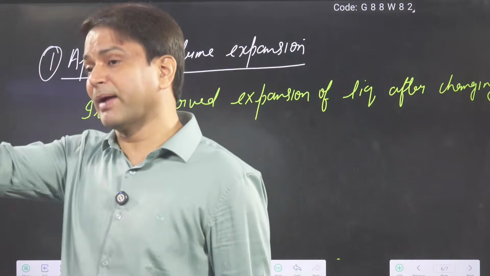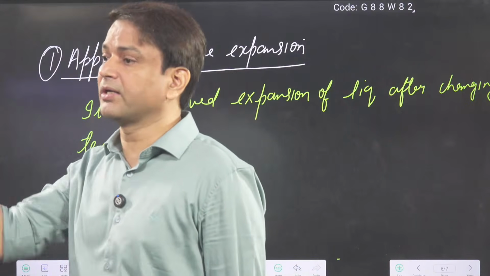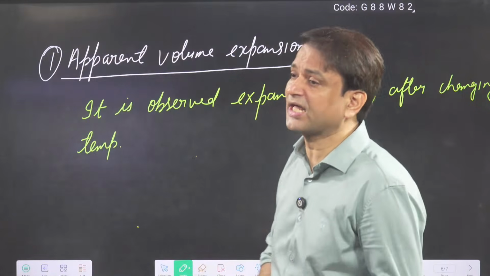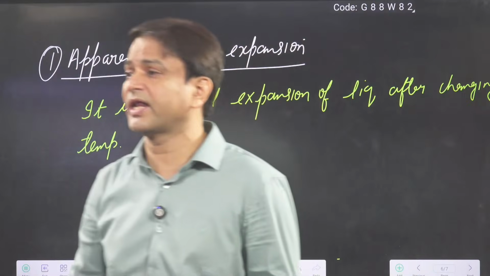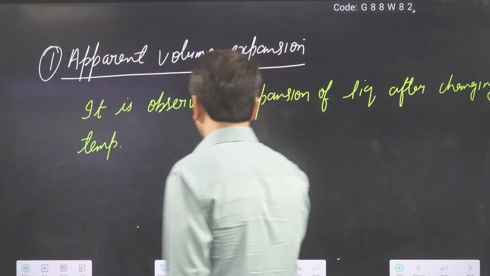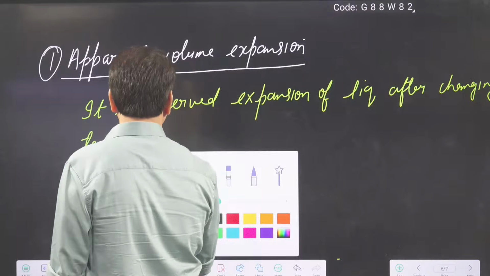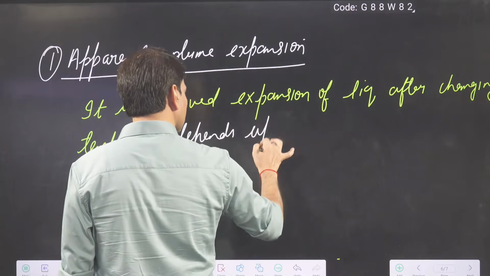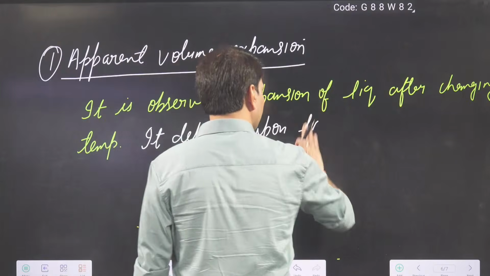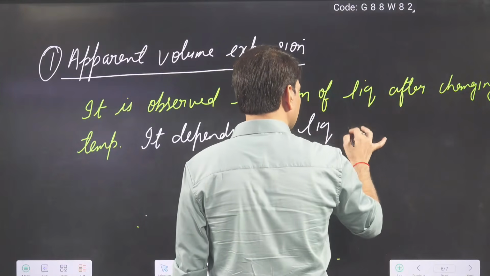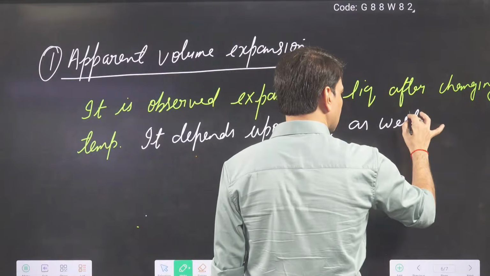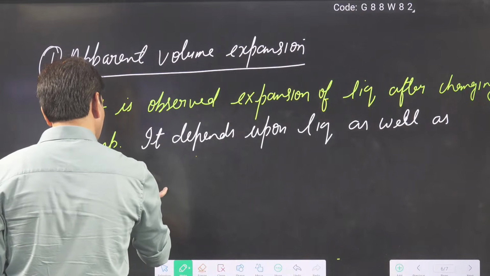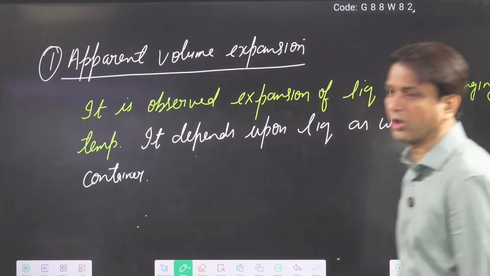If the container expanded by 6 ml, then 3 ml will come out. If the container expanded by 7 ml, then 2 ml will come out. It means apparent expansion depends upon the liquid as well as the container. This everybody got?